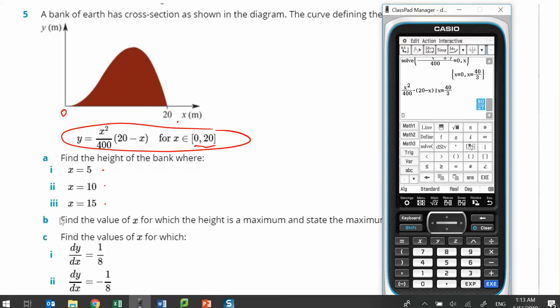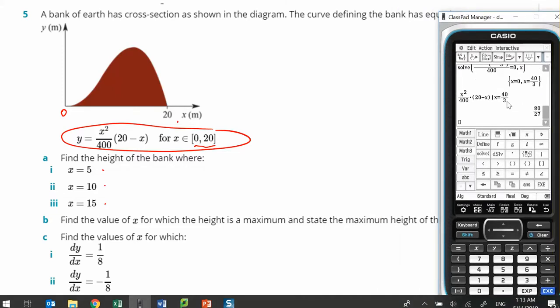You have to answer the question in two parts: for what value of x the height is maximum, and state the maximum. The x value which results in the maximum height is 40/3, and the actual maximum height is 80/27. You have to be able to answer the two parts and understand what each part tells you.